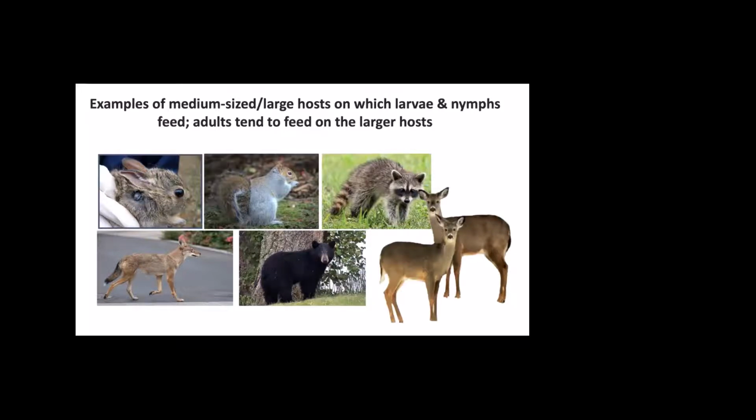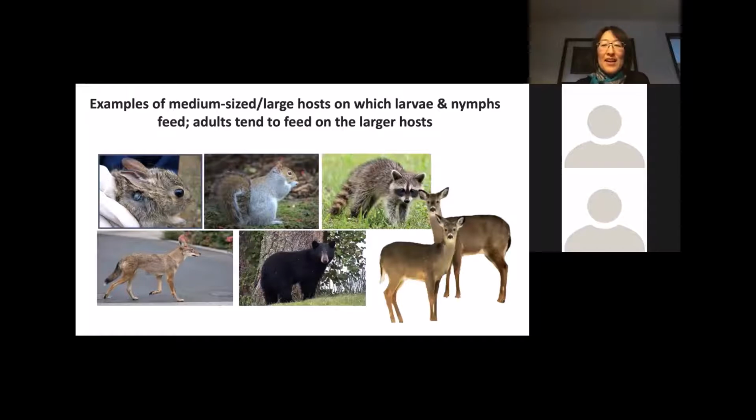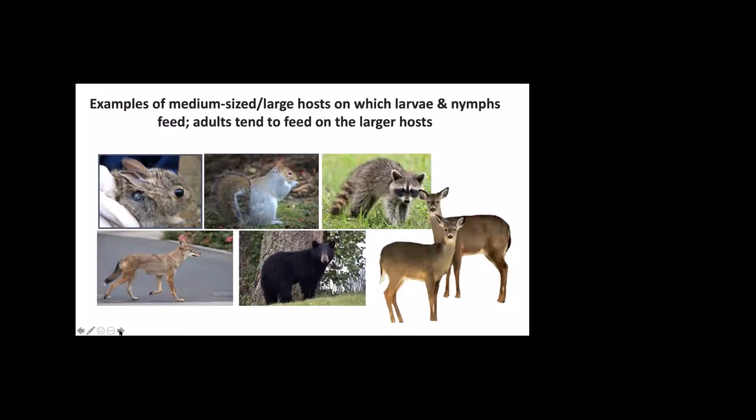Because of their ability to feed lots of ticks and maintain the tick populations, we interact with them a lot. Right, so it's not just that they're out in the woods and the ticks are left out in the woods, but because we have modified our habitat to bring deer into our neighborhoods, they can bring the ticks as well. All right.